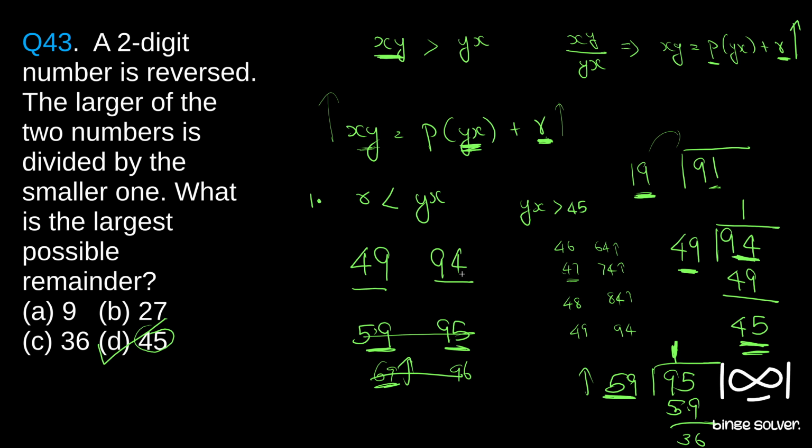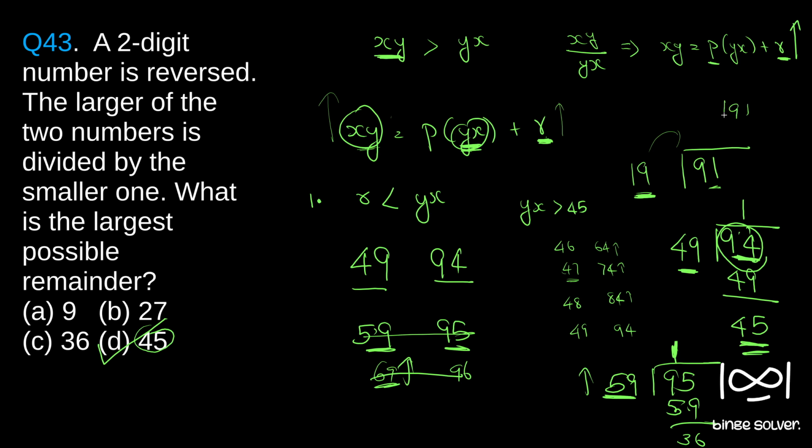If you think about how that remainder will be large, we need xy to be very large and yx to be large, but not larger than xy by 2 times.